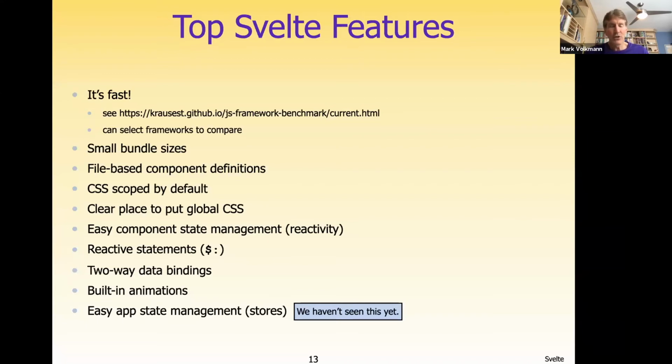But sometimes I do want to have global CSS that affects everything, and Svelte gives me a clear place to put that global CSS. Component state management within a single component is really easy because it uses the Svelte concept of reactivity. And so an example we saw of that was my to-do text property inside the top component.